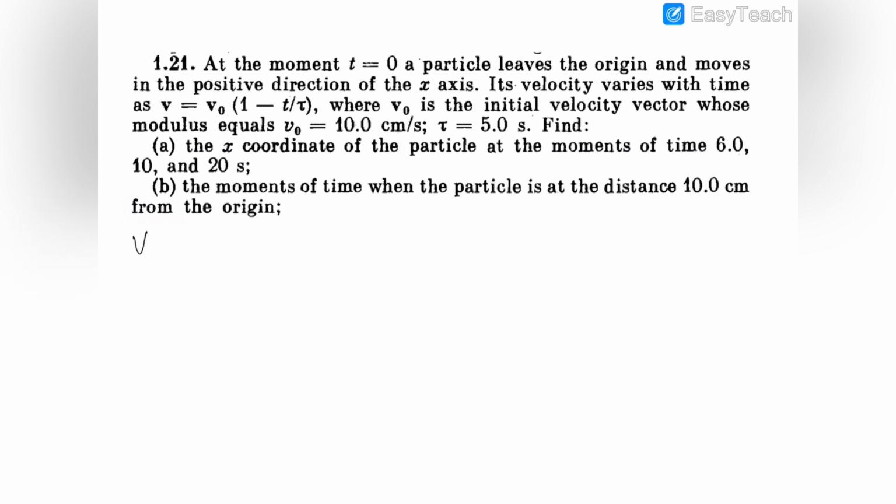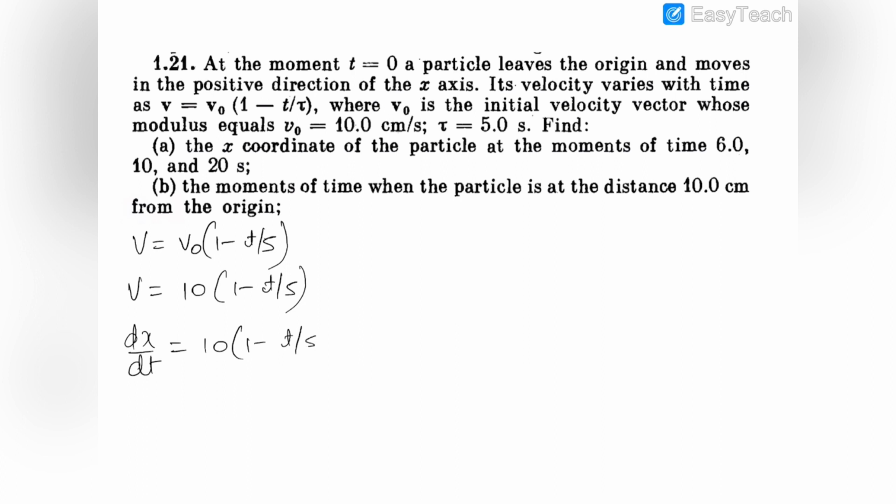So let us solve part 1. So we know that v is equal to v0 times 1 minus t by 5, and v0 is equal to 10. So this is 1 minus t by 5. Okay, so this is the velocity of the particle. Now we can write it as dx by dt, and it is 10 into 1 minus t by 5.